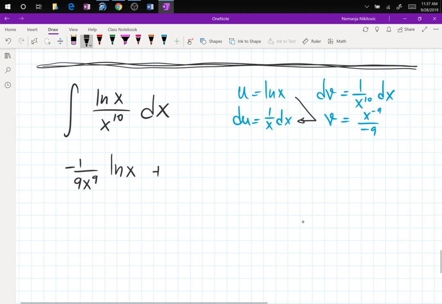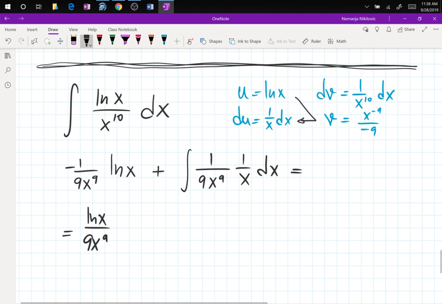Minus and minus will give me a plus integral of 1 over 9x to the 9 times 1 over x dx. So this is 1 over 9x to the 9. You can put ln x in the numerator if you want to make it a little bit compact.